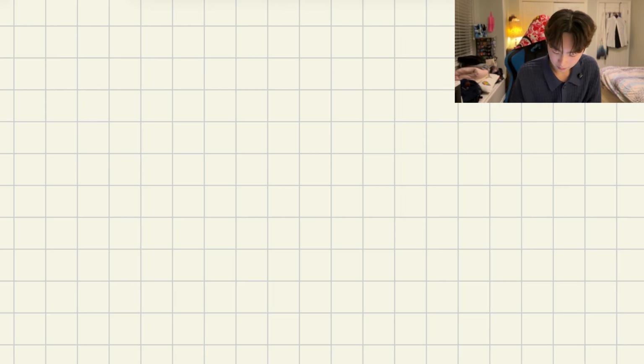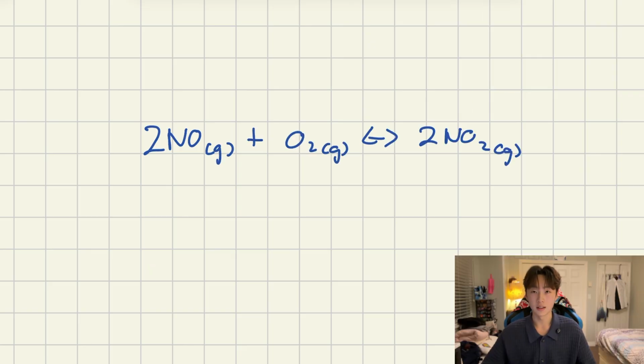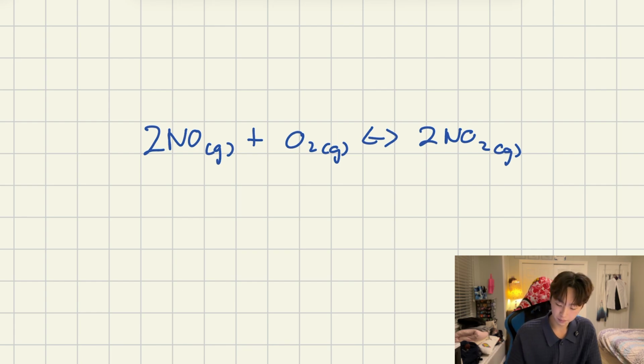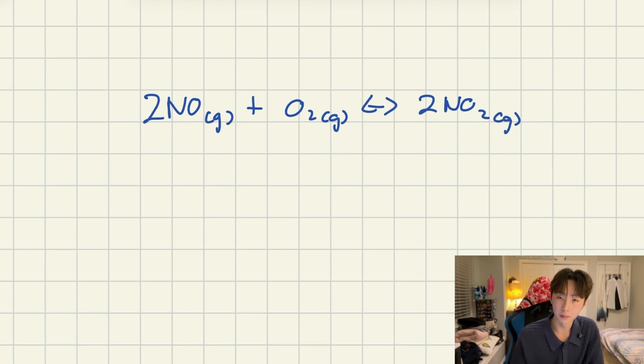Let's do an example. So here's an equilibrium reaction. And it's telling us to write out the equilibrium constant expression. So first, we know it's products over reactants. So we look at our products here. We have NO2, so concentration of NO2, and we make sure to raise it to the power of its coefficient.